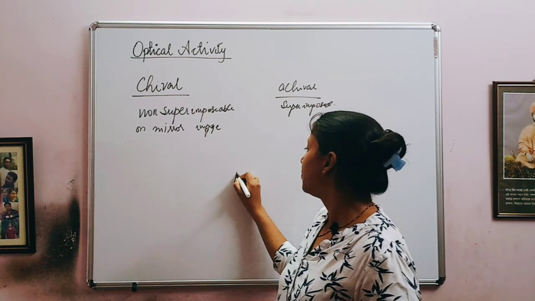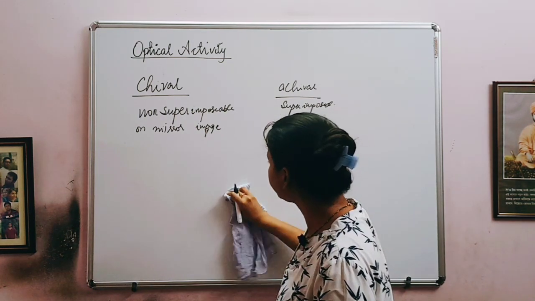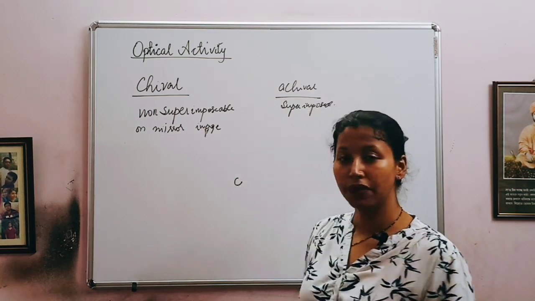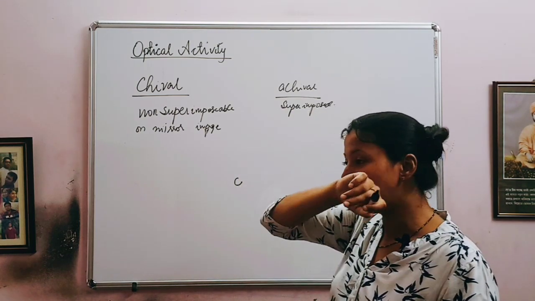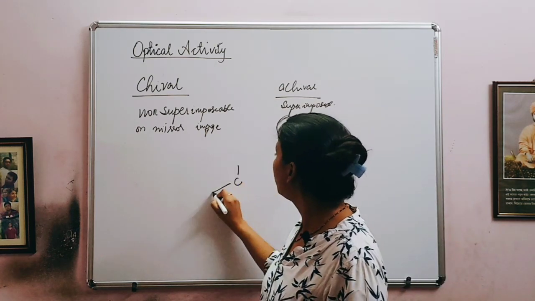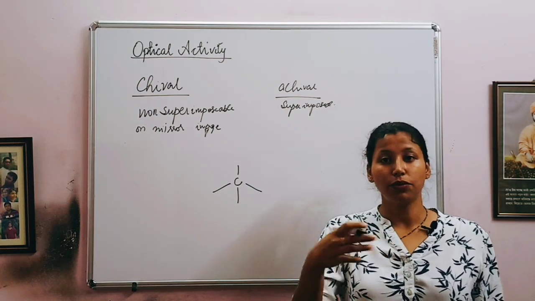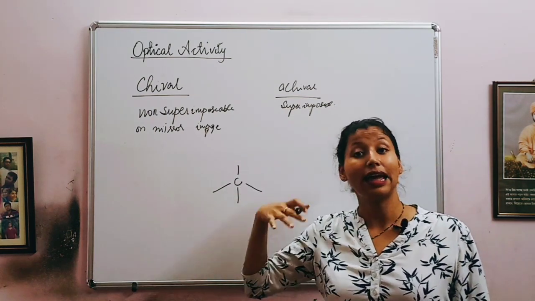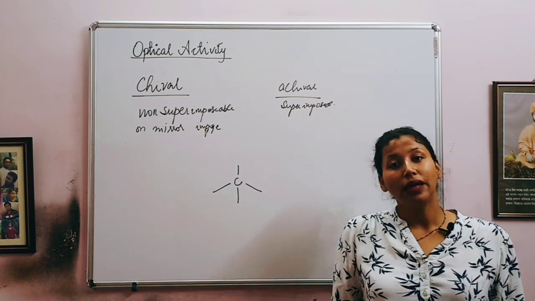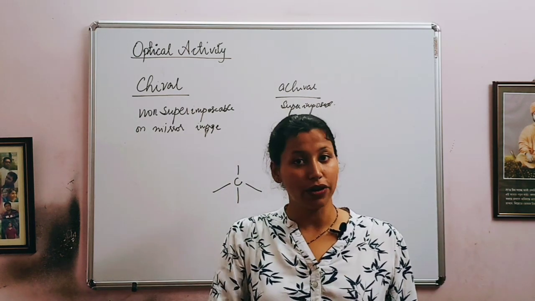We know that the valency of carbon is 4. That means it forms 4 bonds. These 4 bonds are at the 4 corners of a tetrahedron, because we know that sp3 hybridized compounds are tetrahedral.